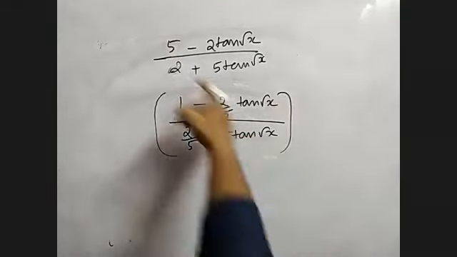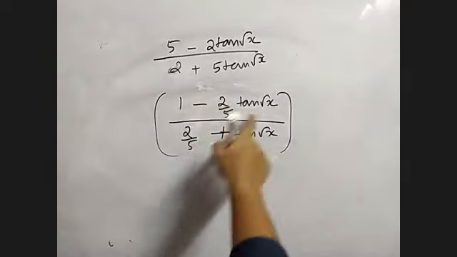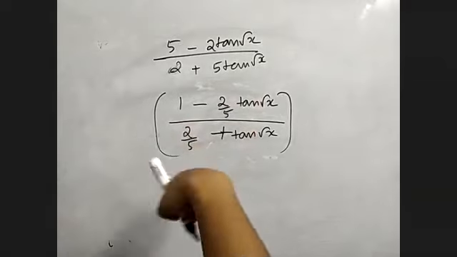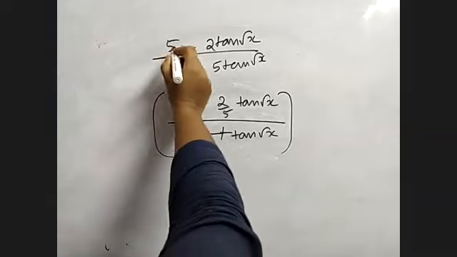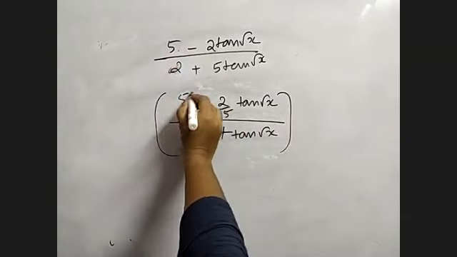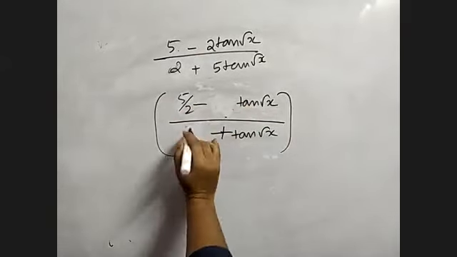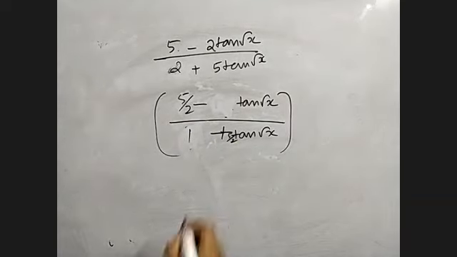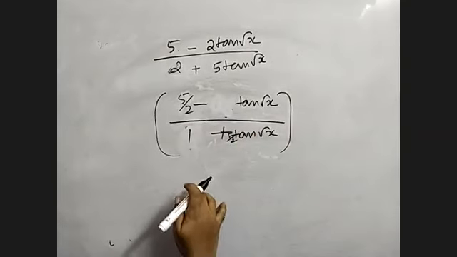If I am dividing inside throughout by 5, so this is x minus y by 1 plus xy, isn't it? If you are dividing with 2, then 5 by 2 will come here. So 5 by 2 here, tan root x here, 1 plus 5 by 2. So this is x minus y by 1 plus xy, right?